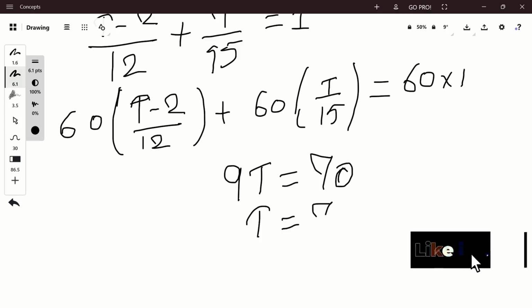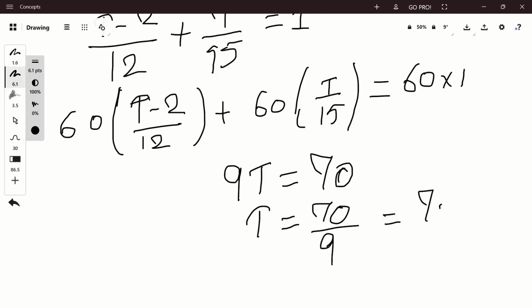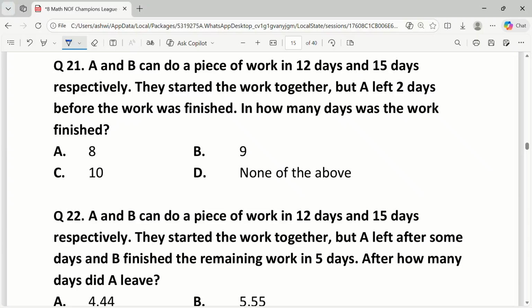T is equal to 70 upon 9, which is equal to 7.78 days. Comparing with the options, the answer is D, none of the above.